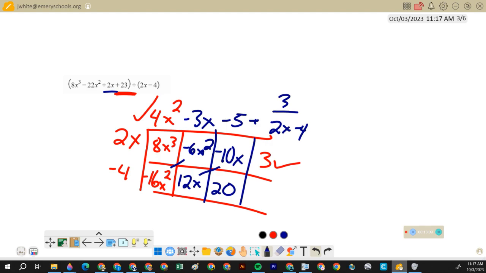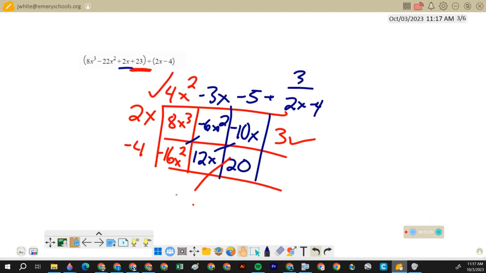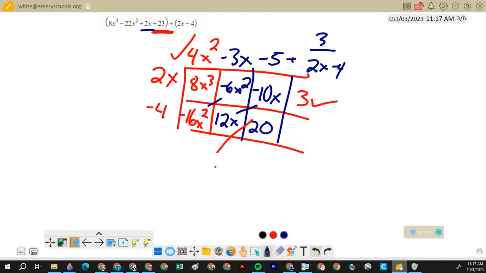Let's try synthetic division on this one. So we know what the answer is. Oops. Okay. So what goes in the corner? Set the bottom equal to 0. 2. Oh, this is a bad example.